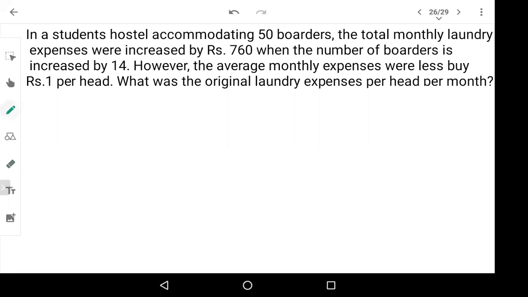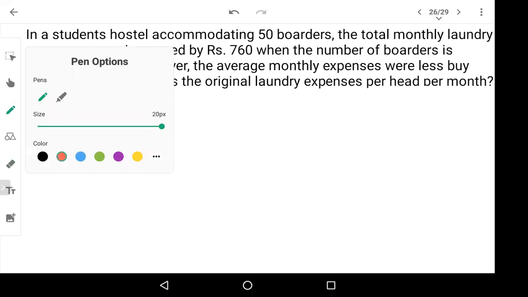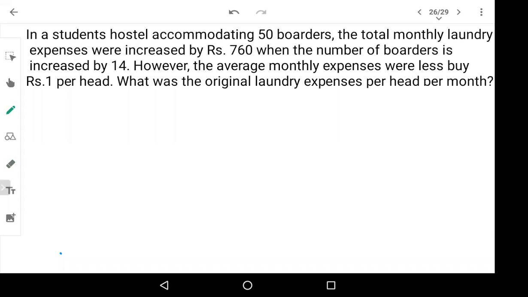Okay, now let us start. We will again define a few of the variables and then we will solve the problem. Firstly, let us derive this variable. Always remember, you have to derive the question variable first.